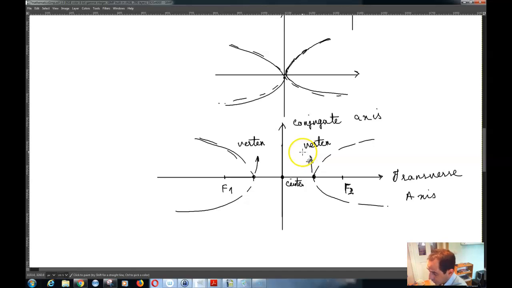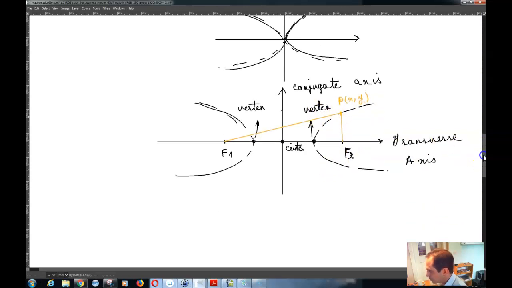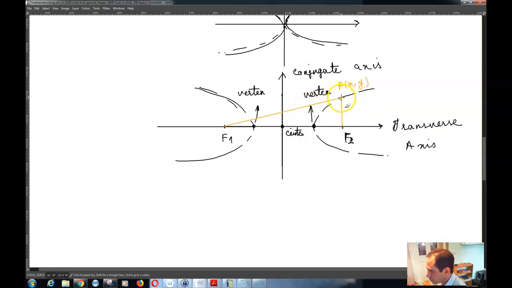Now the way that we define a hyperbola is that if you pick any point on the hyperbola, let's say for example this point P (x, y), then there is some distance from this point to this focus, and some distance to the other focus. You get two foci.